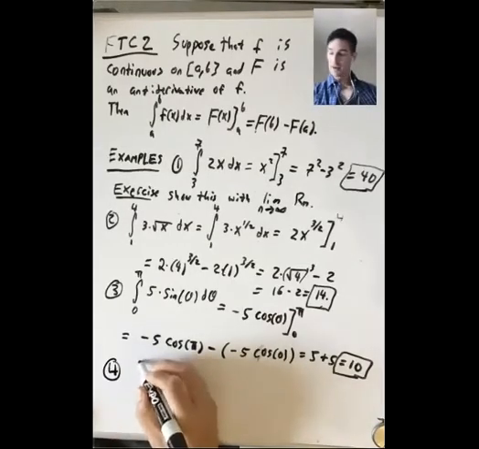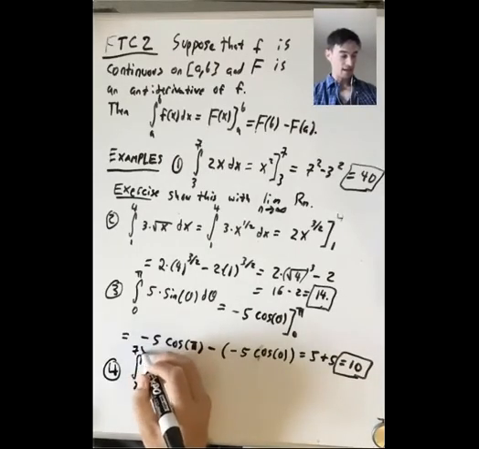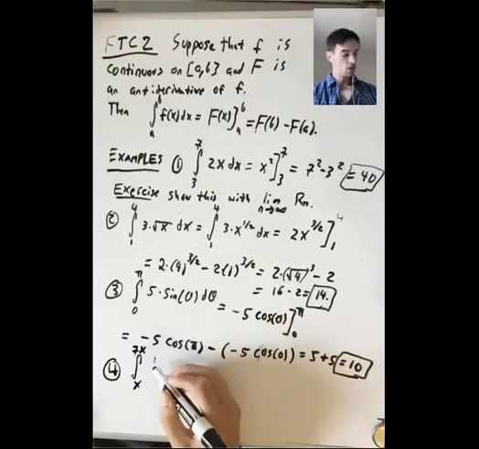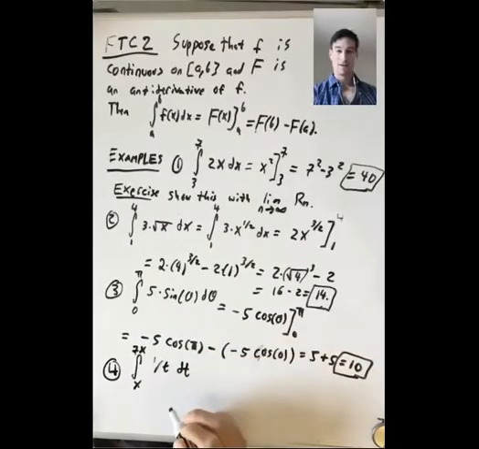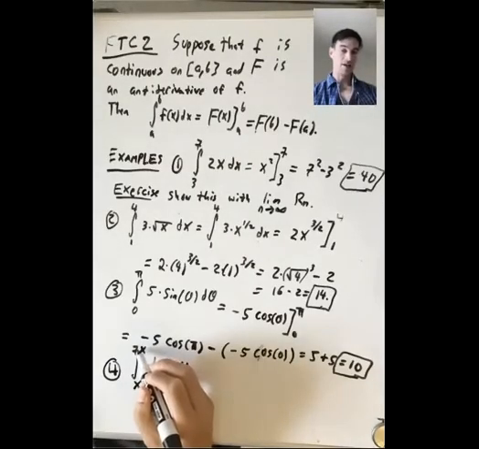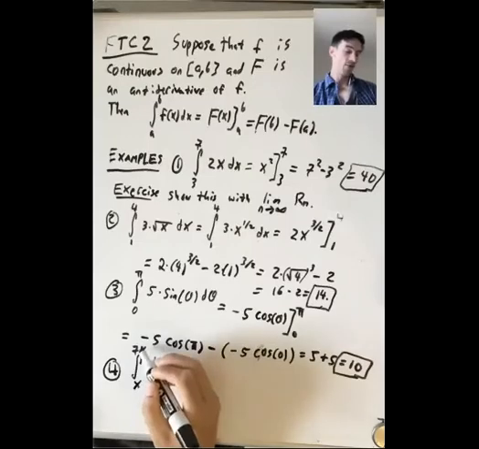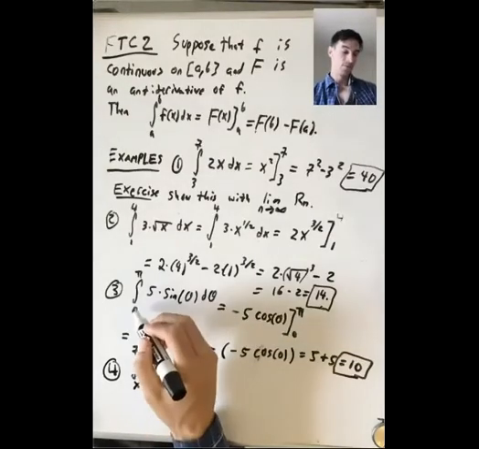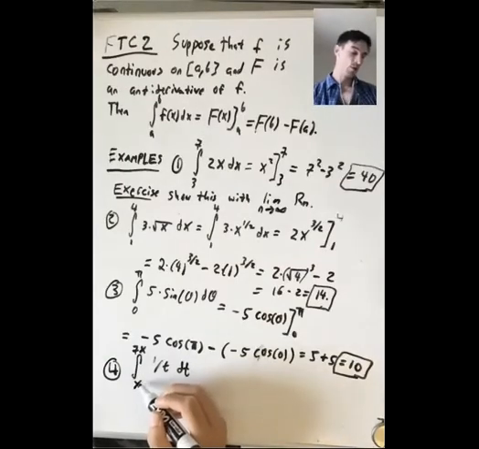Okay, let's do the integral from x to 7x of 1 over t dt. All right, so this one is a little different because we don't have numbers in here now. We have x, 7x. But if you put in any number for x, this is going to give you the integral from a to b, like 2 different places. So like if x is 1, you get 1 to 7.